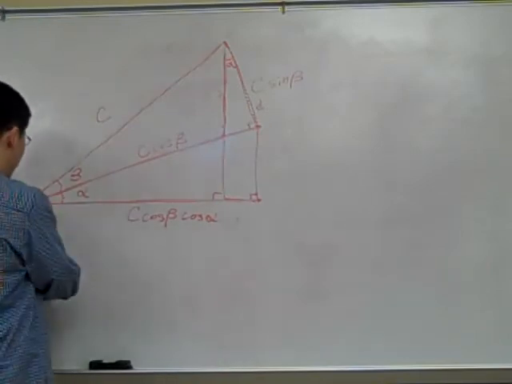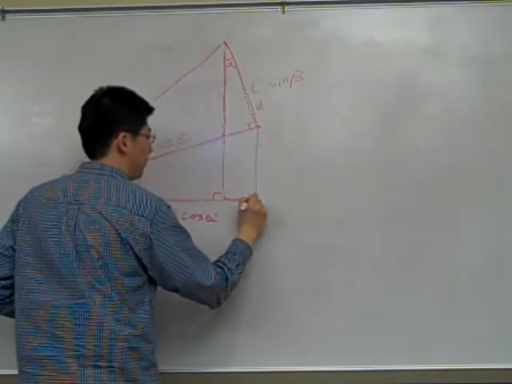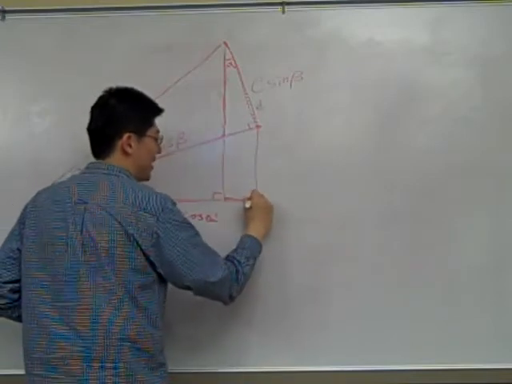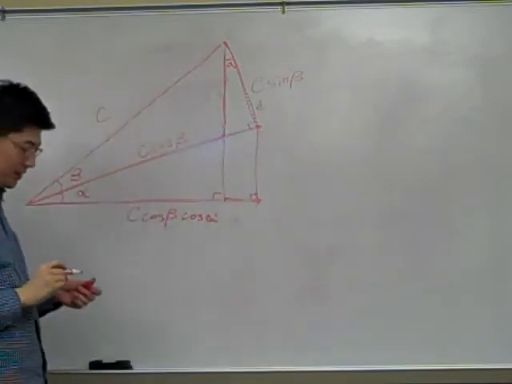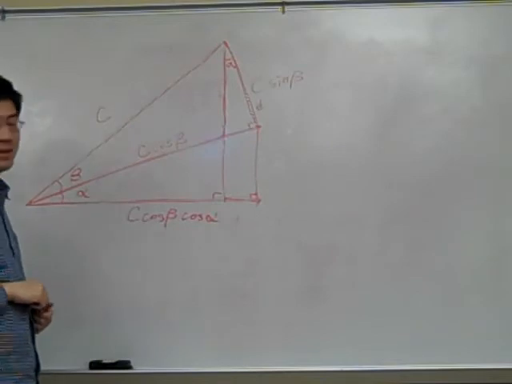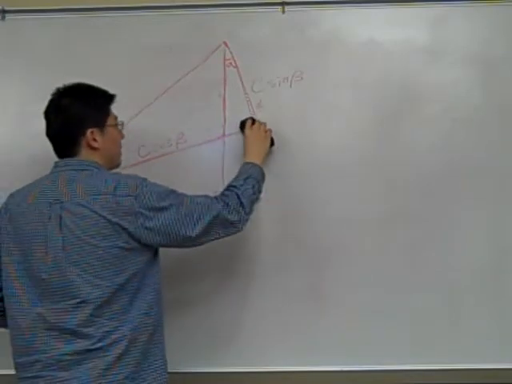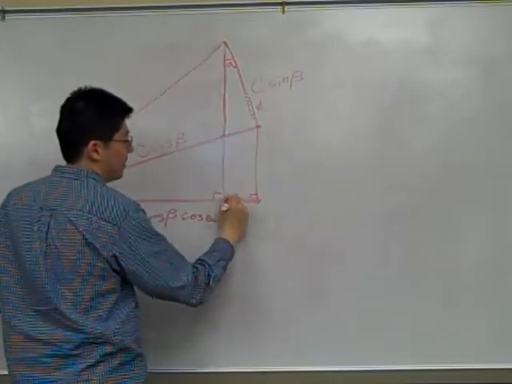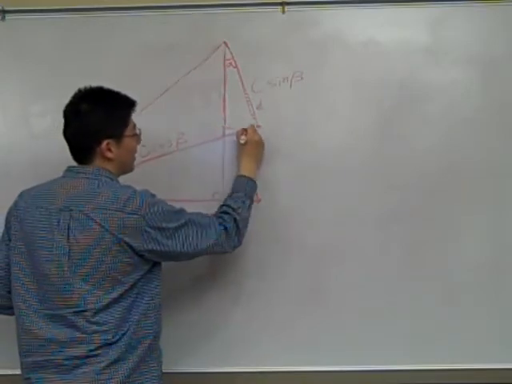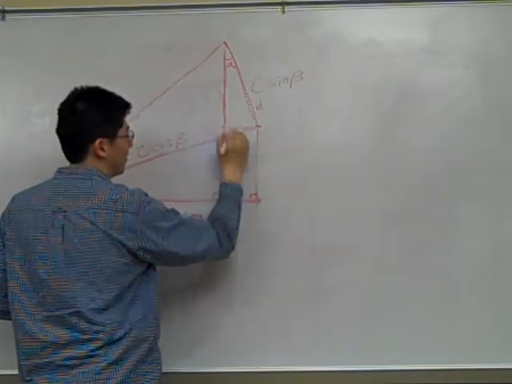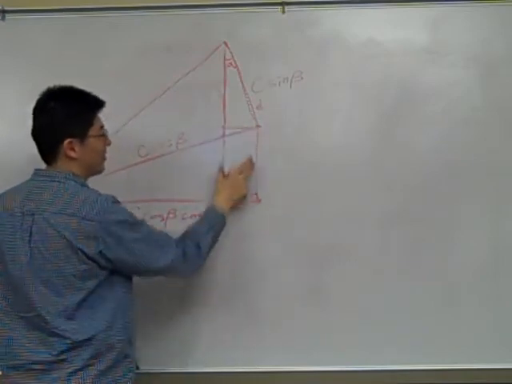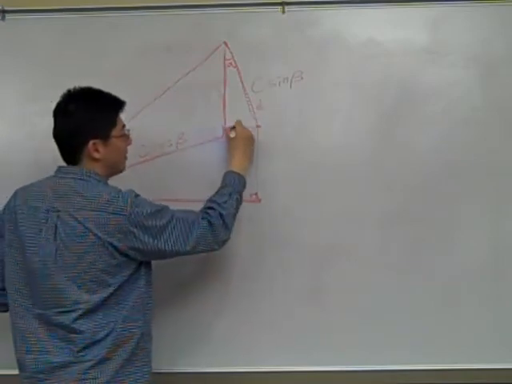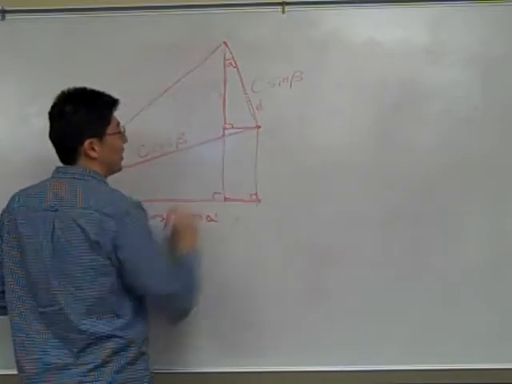Okay, so now we have the length from here to here, but now we need to subtract out this missing length. Is this missing length hard to find? No, it's actually quite simple. This length here is going to be exactly the same as this length here, because it's parallel lines, and we just transfer it up. So we need to find the distance from here to here, and this is a right triangle.